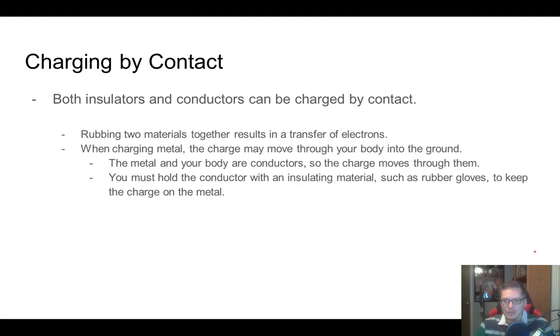The metal and your body are both conductors, so the charge moves through them. If you hold the conductor with an insulating material, such as rubber gloves, you keep that charge on the metal. That's the trick to charging by contact. Like taking the balloon and your hair, rubbing them together, and these electrons can transfer from one thing to the next. Pretty simple, right? Charging by contact.